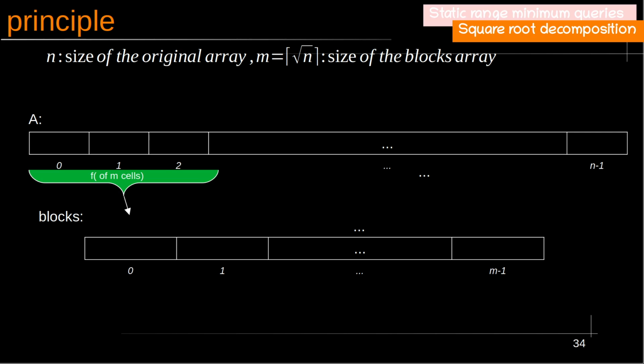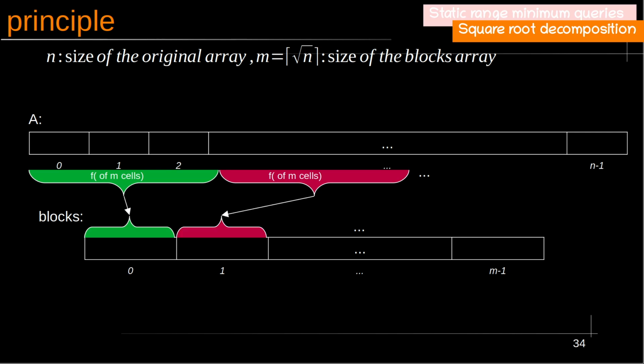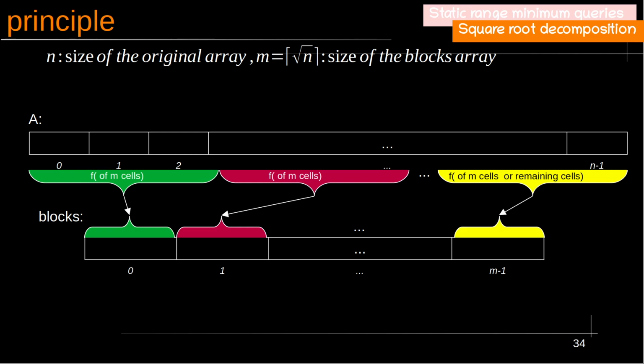For example, here the first m cells, their result is stored in the first cell of the array blocks, and the next m cells, the result f of these m cells, is stored in the second cell of the array blocks, and so on until the last m cells, or the remaining cells, are stored in the last cell.